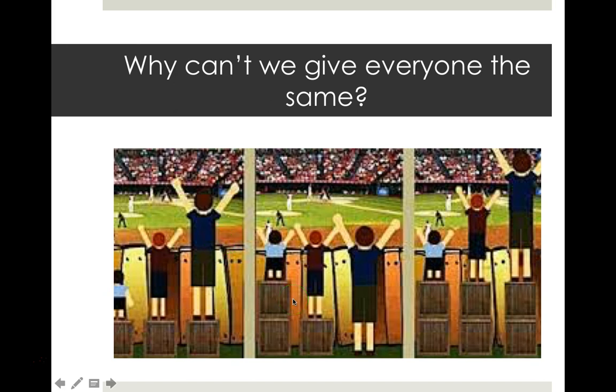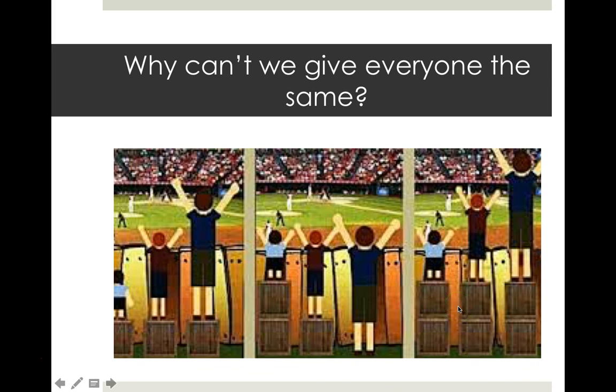In this second one, equity is achieved. Supports are directly matched to these individual support needs. This person needs a little bit more, this less, and this one didn't need a support in this area in any way, shape, or form. But they're all able to see over the fence in the same way. Again, in this one, this person was able to see better than the other two people, and this person, again, equity was afforded to that person, but this person still can't see.